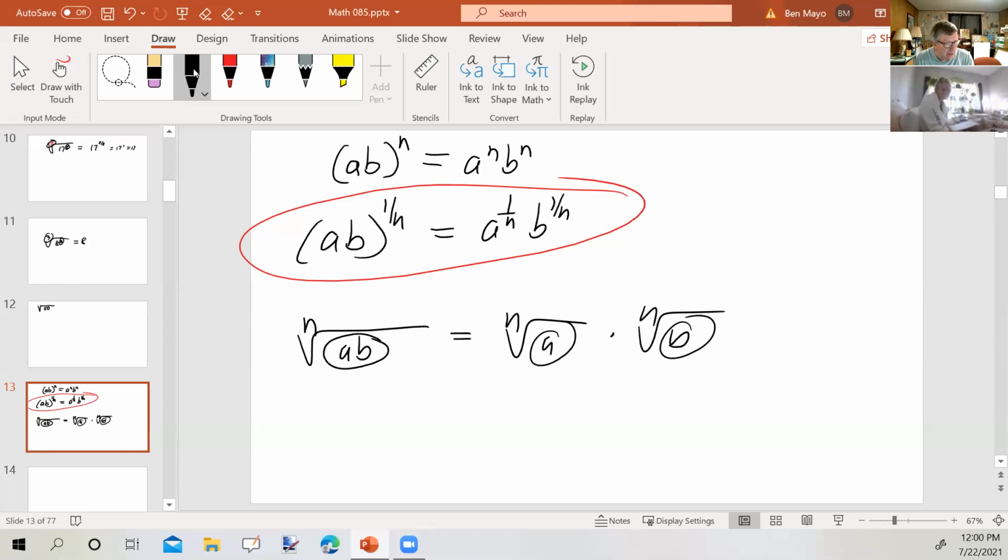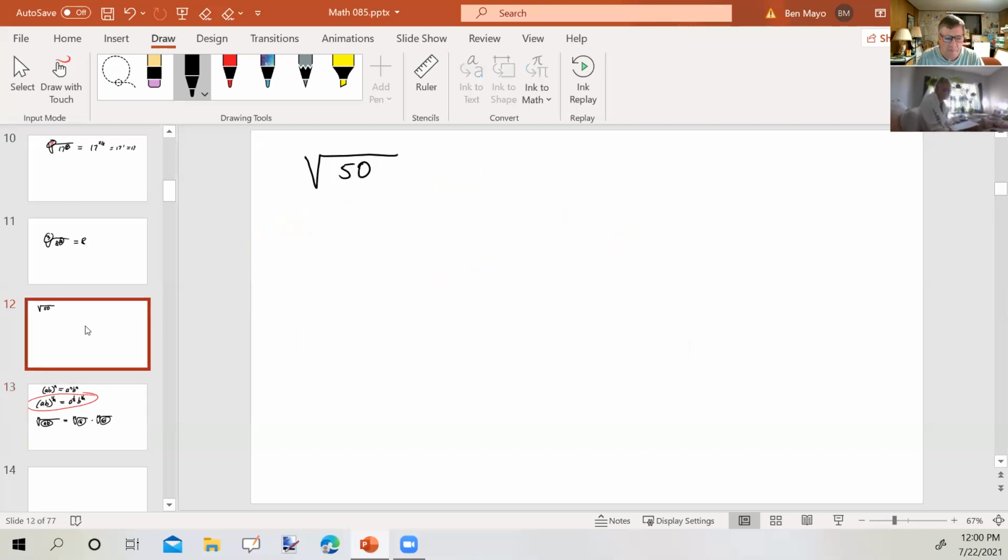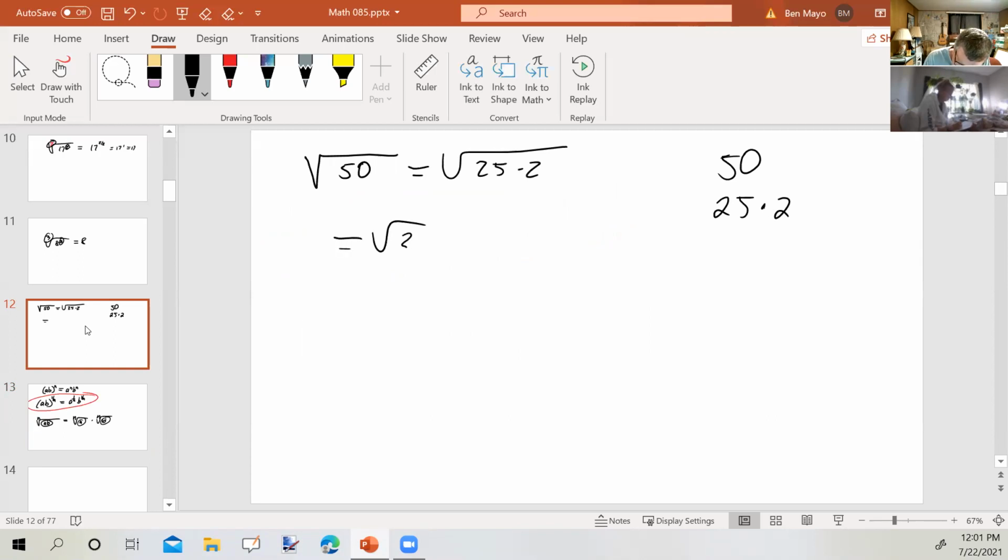Okay, now why would I want to do that? Well, let's go back to this problem, the square root of 50. 50 is not a perfect square, but if I took 50 and wrote it as 25 times 2, I could then rewrite this like this, and then I could split it up like that.